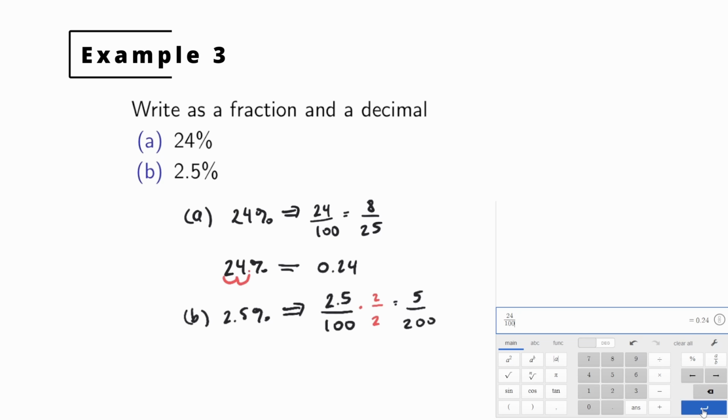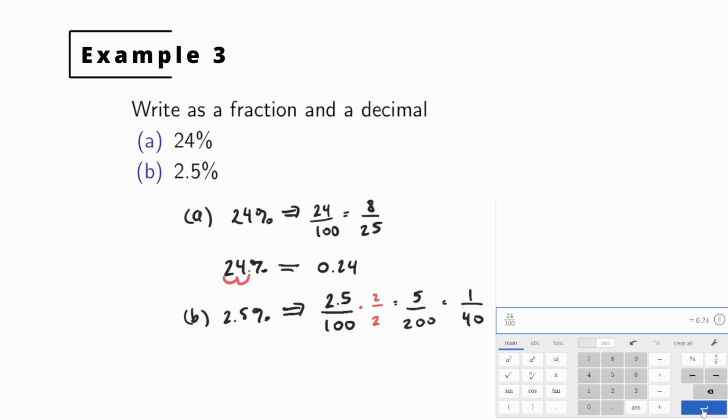And now that has integers in both the numerator and denominator. And of course, 200 is divisible by 5. So we have a common factor of 5 in the numerator and denominator. And so this is going to simplify into being 1 over 40, right? Because 200 is 5 times 40.